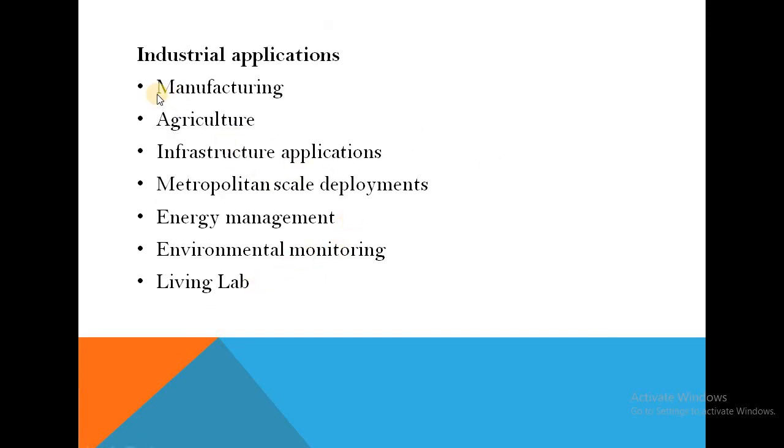We have just seen manufacturing, then agriculture, infrastructure applications, metropolitan-scale deployments, energy management, environmental monitoring, and living labs. So remember, these are not the only applications of IoT. There is a limitless application list of the IoT, as this is going to be the future technology.